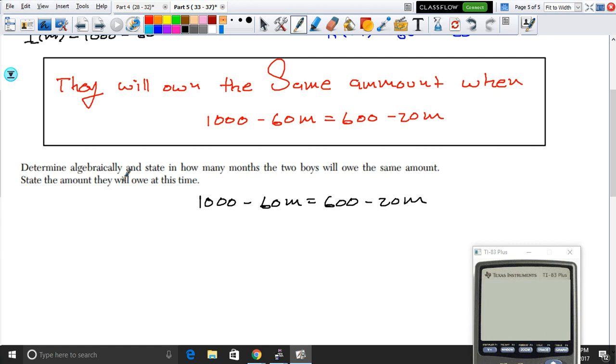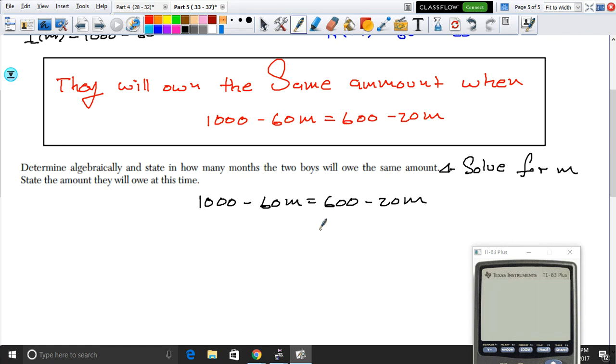Now, it says that we need to determine and state in how many months the two boys will owe the same amount of money. So what this means is that from this equation, we're going to solve for m. So let's do that here real quick. Again, let's just solve for m.